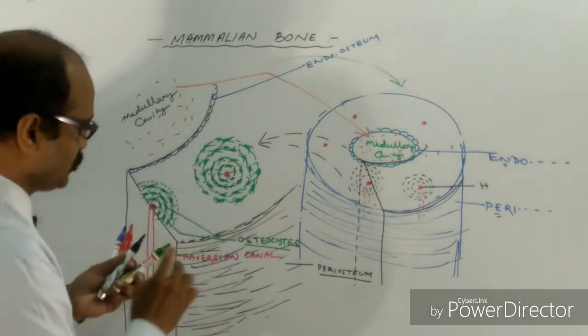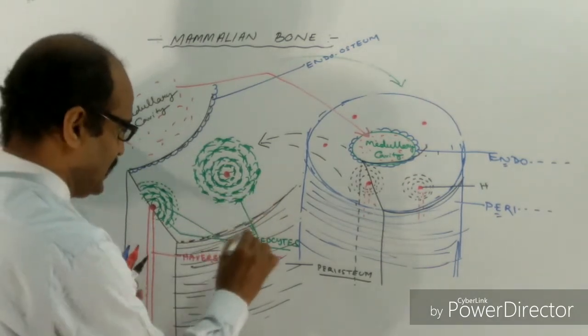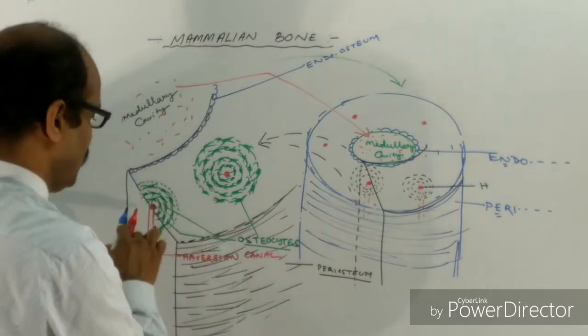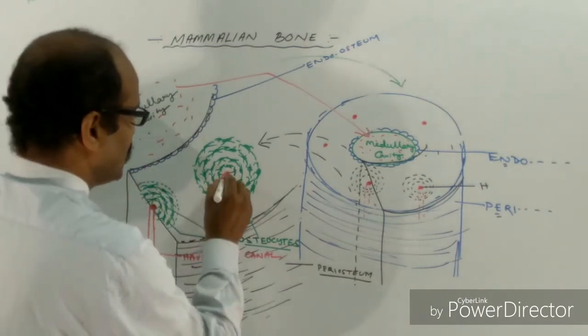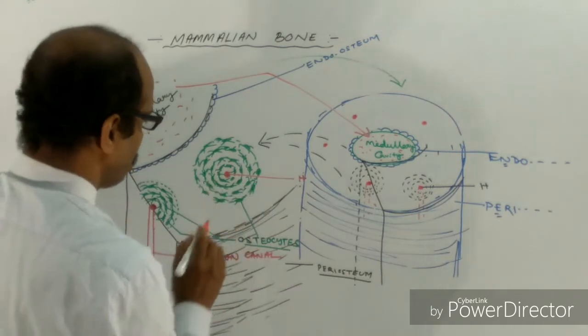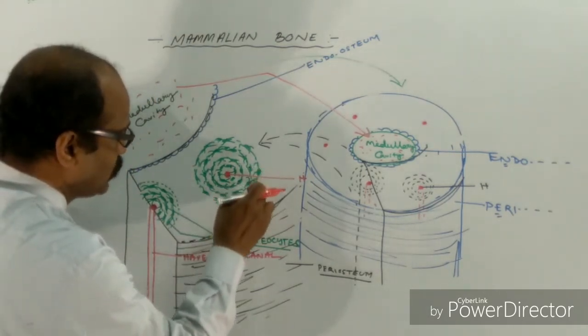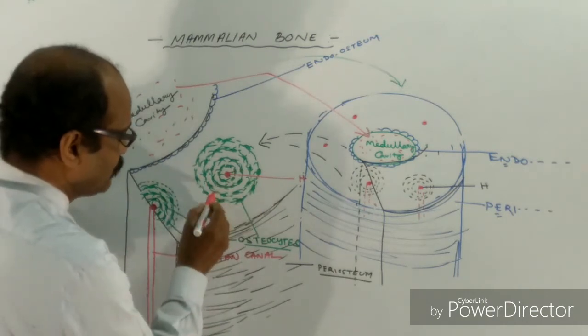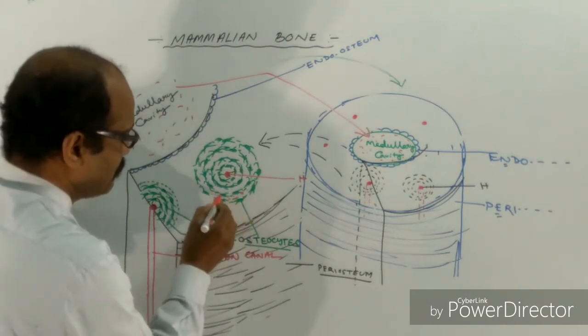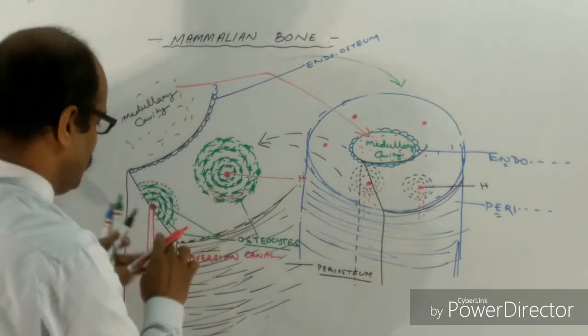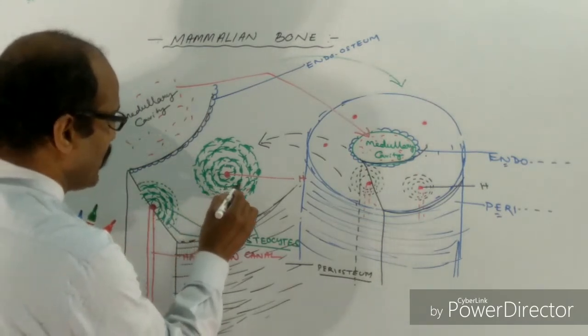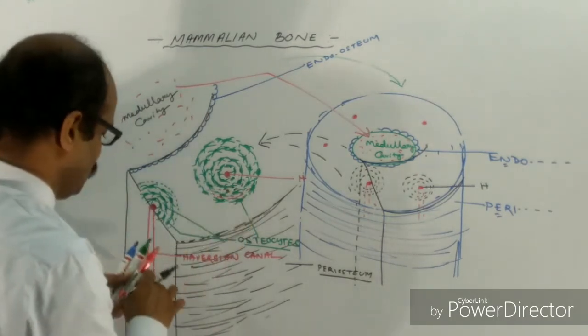By the arrangement of such osteocyte cells around the Haversian Canal, in between two concentric layers of osteocytes is the matrix of bone, and here the matrix of bone is also divided into a number of plates.